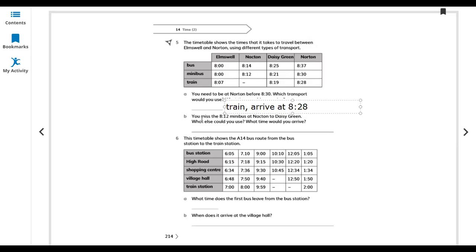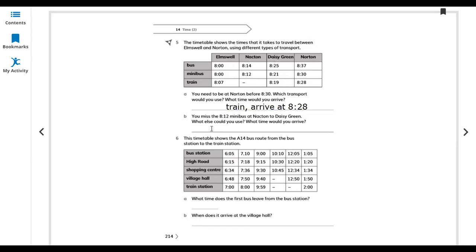You miss the 8:12 minibus at Norton to Daisy Green. What else could you use? What time would you arrive? So the 8:12, if we miss this one, we are using the 8:14 bus, which arrives at Daisy Green at 8:25.